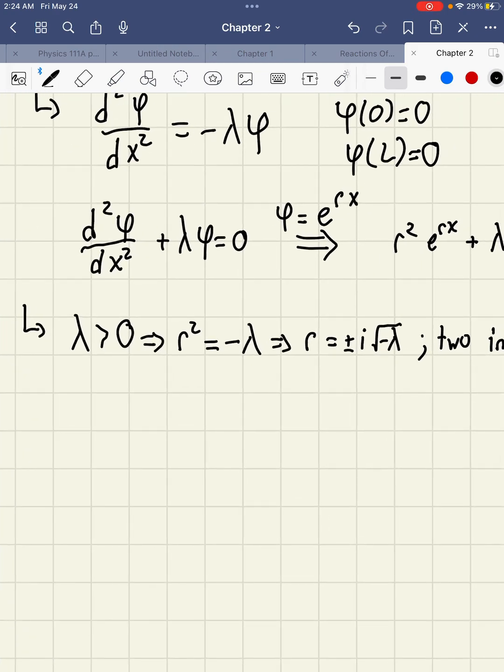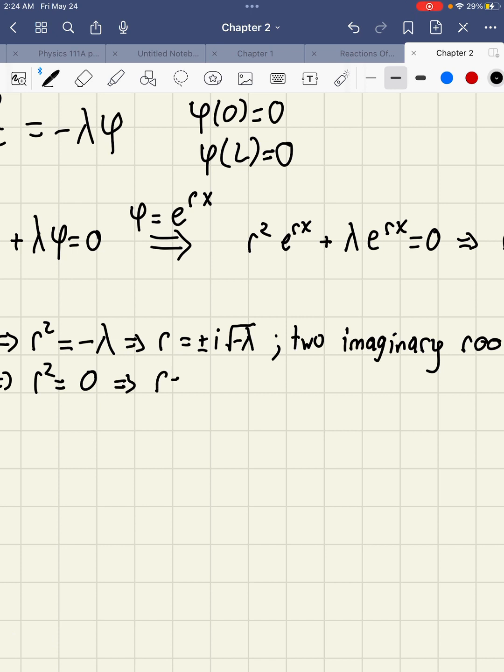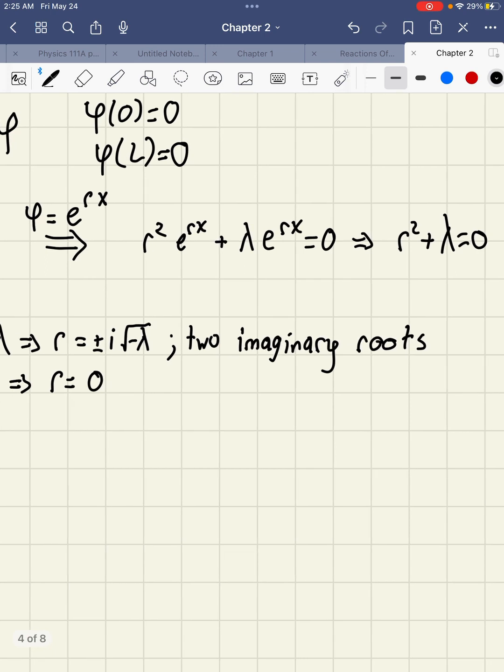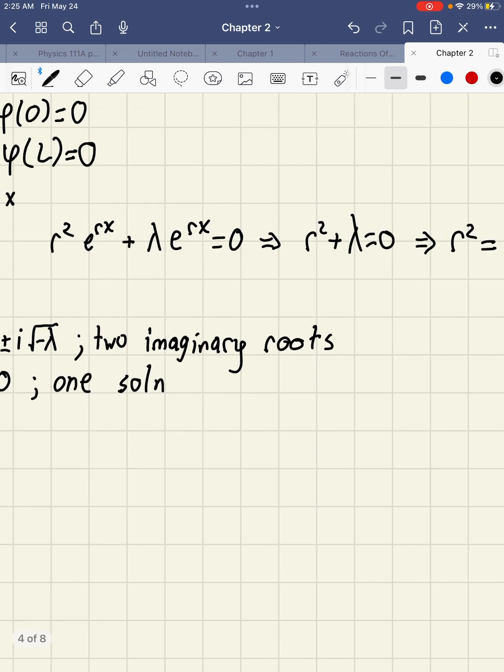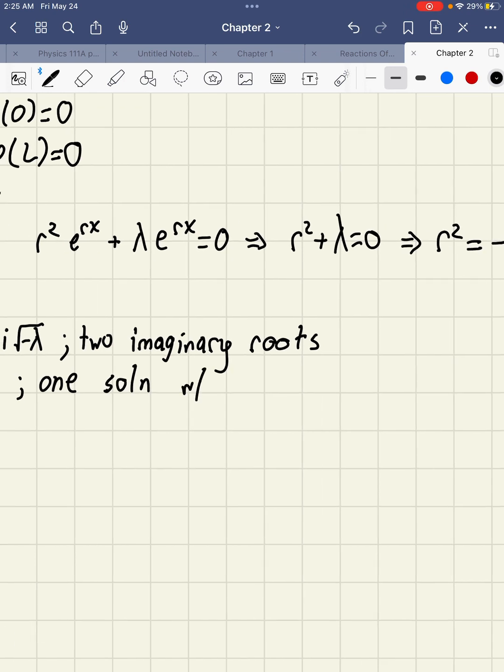Now, for a lambda equal to 0, I get r squared equal to 0. Therefore, my r is just equal to 0, and I only get one solution with multiplicity of 2.